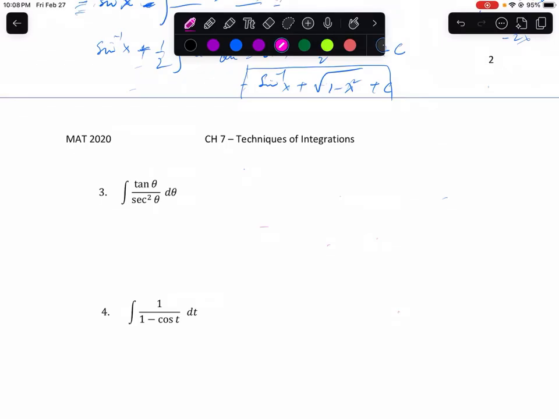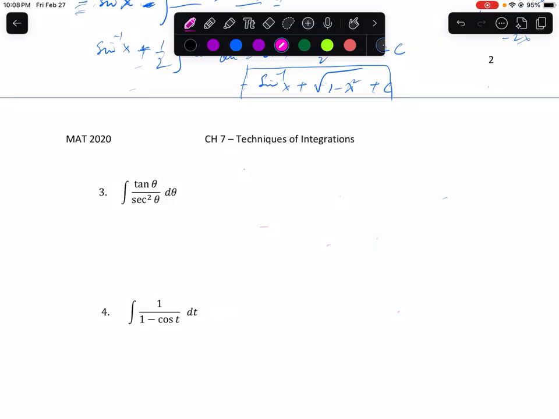Continuing with section 7.5. This is the third example, and here what we want to do is simplify and get things in cosine and sine.